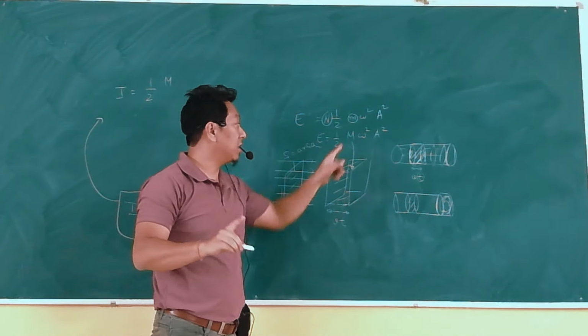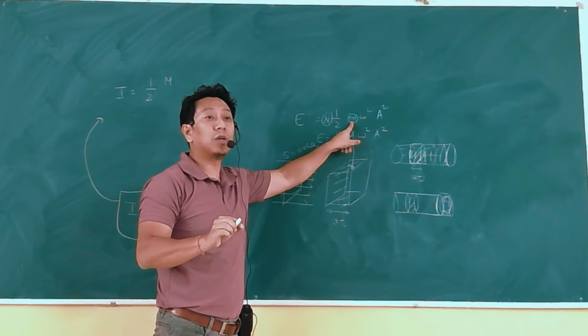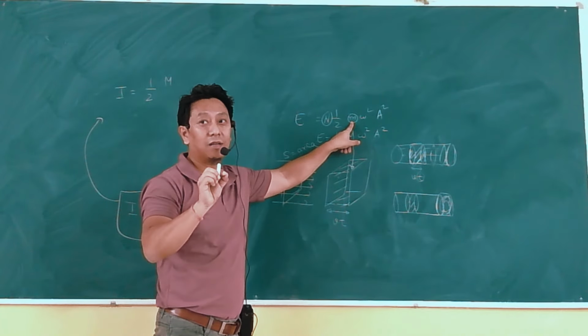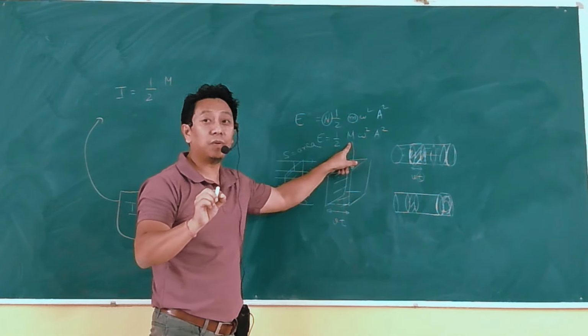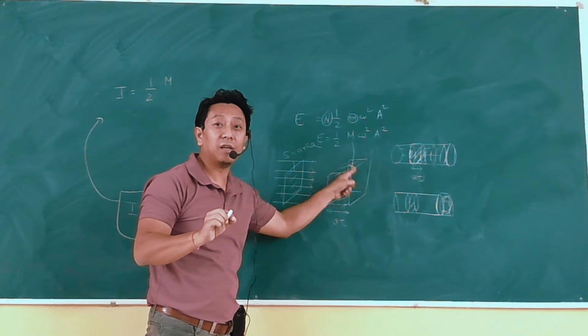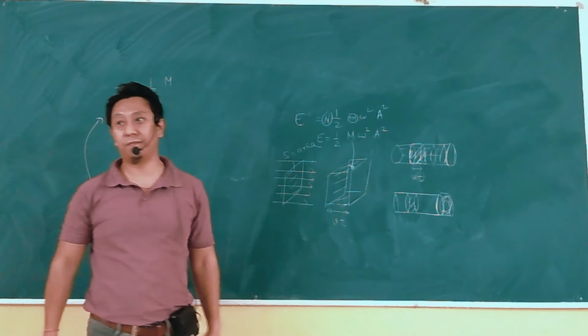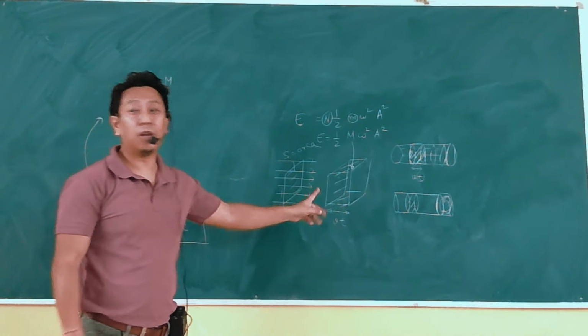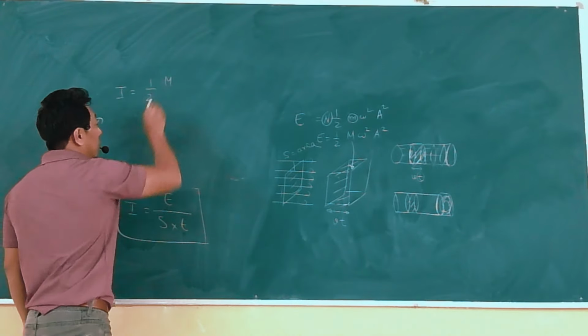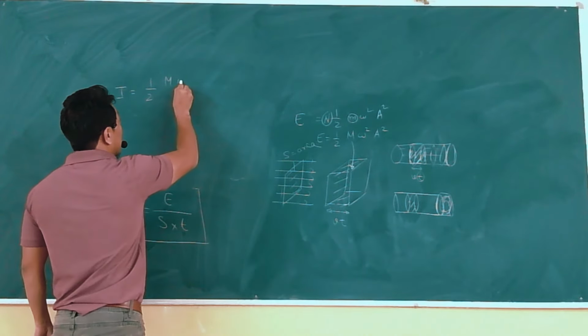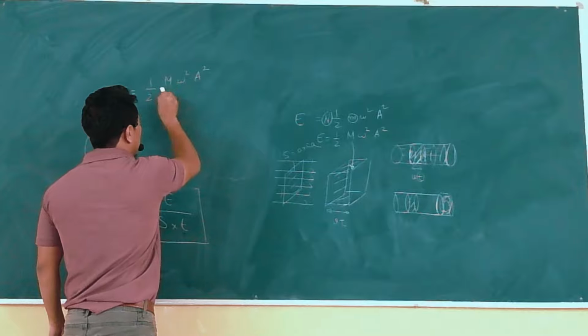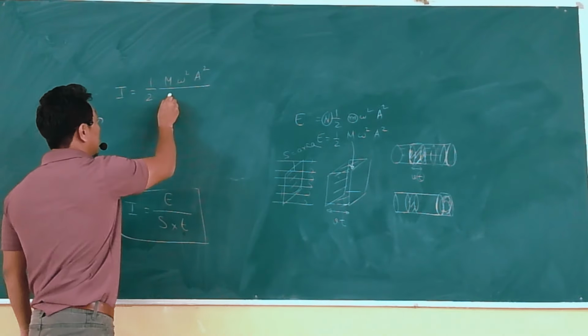Again, this m I took as the mass of all the particles in this volume, into omega square A square divided by S into T.